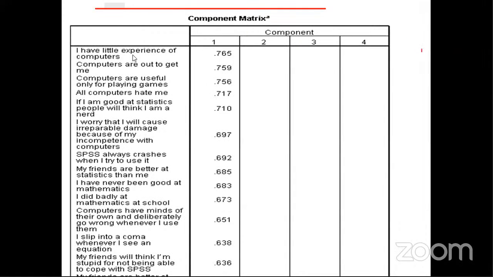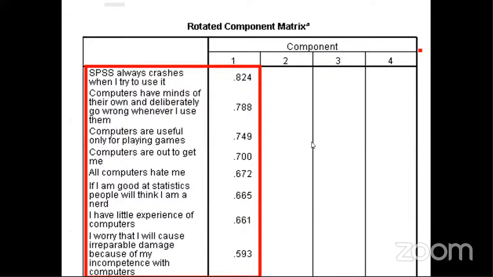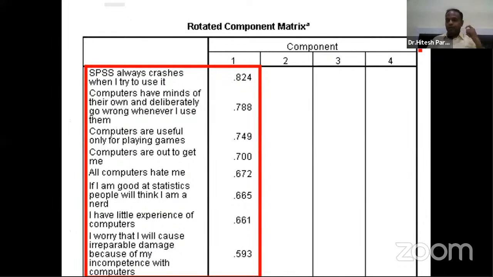In the rotated one, the cross loading is not there among the variables. No, we have given a criterion of 0.5. Actually, the factor loadings are all present. But why are we not able to see these values? Because we have given a cutoff criterion.